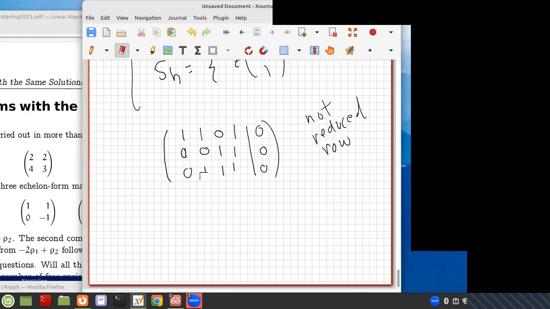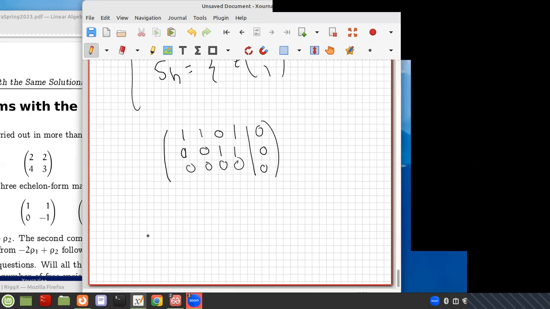So let me try to redo the problem I'm trying to get for you. 1 0 0, 0, 0. Okay, this is an echelon form. Is this one in reduced row echelon form? What do you guys think?